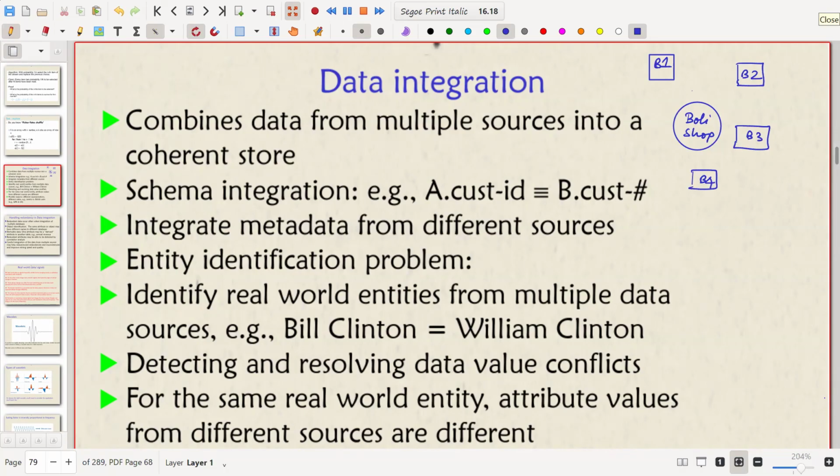So what you do is, all the data sets have to be given to the owner who is managing the central shop. This is the central shop, right? So all the shops will provide data to him, and they will collect the data and store it in a unified format.